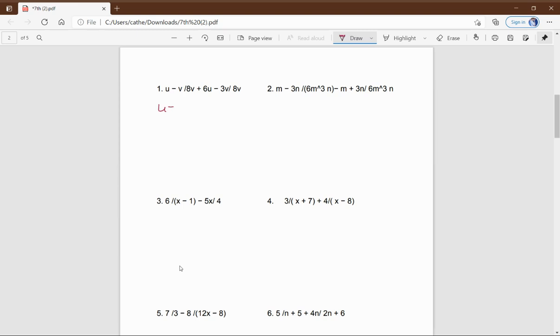So u minus b over 8b plus 6u minus 3b over 8b. We can simplify this, right? We can simplify this to 5b since we can add the same factors together.